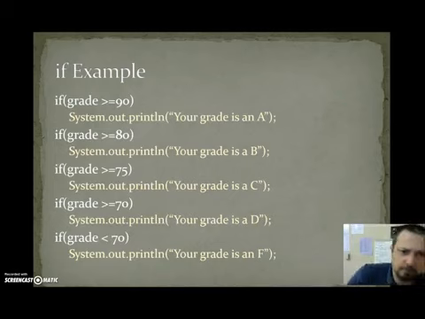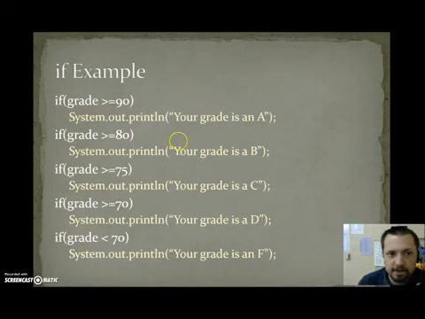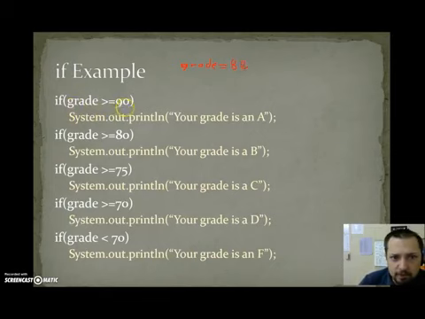Here we're going to do an example. So here's a short little program that tells the user what their letter grade is based on their grade. So let's assume the user had a grade of 80. Is 80 bigger than or equal to 90?